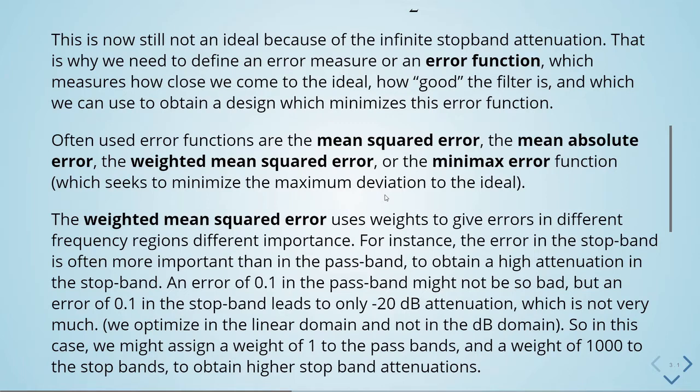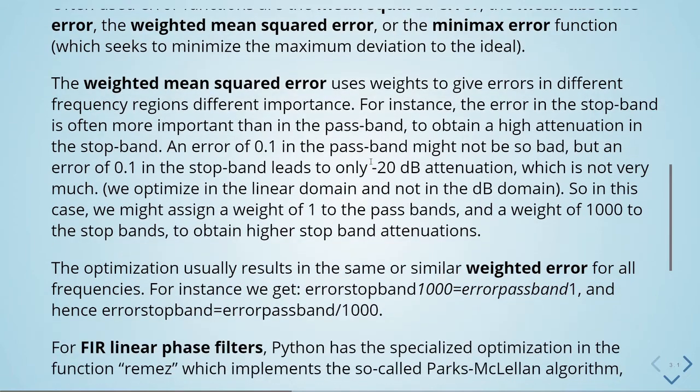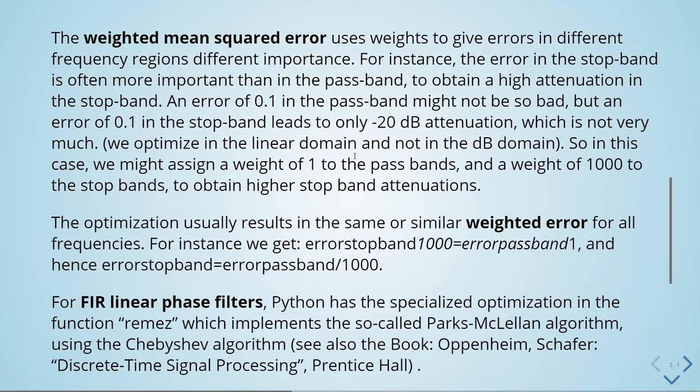We optimize in the linear domain and not in the dB domain. So in this case, we might assign a weight of 1 to the pass bands and a weight of 1000 to the stop bands to obtain higher stop band attenuations. The optimization usually results in the same or similar weighted error for all frequencies.